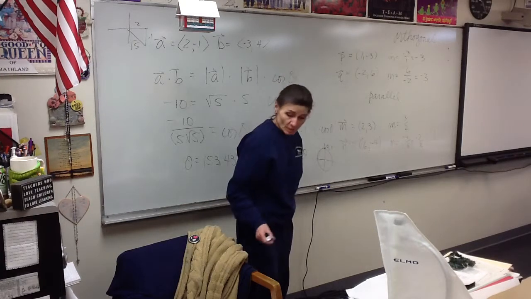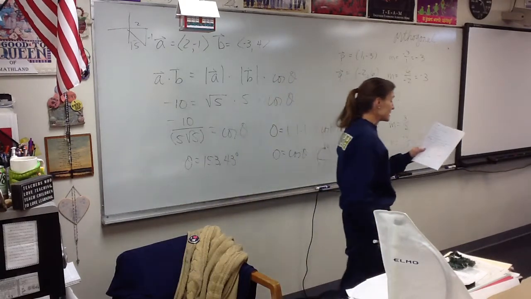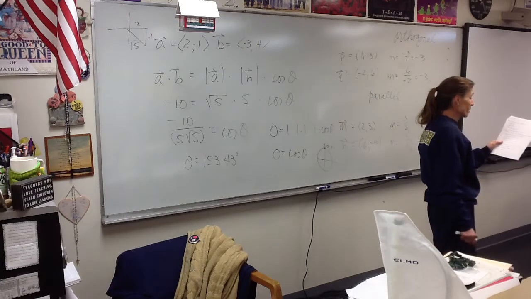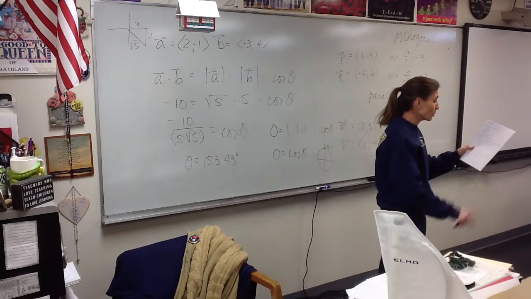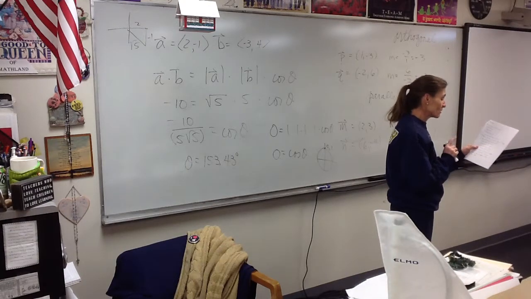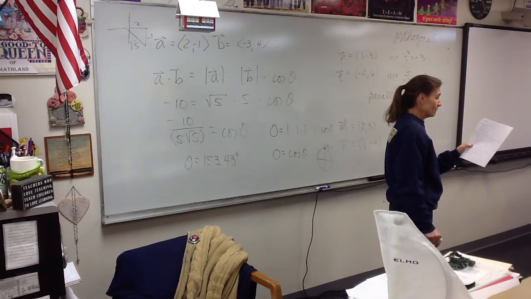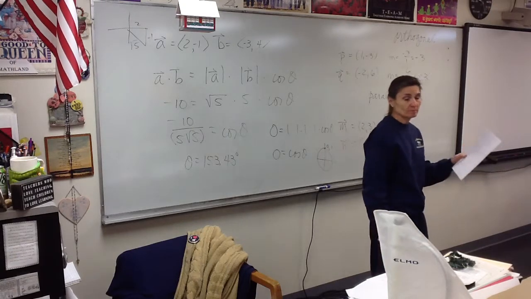Okay, so somebody look at 6C. Are these things parallel, perpendicular, or neither? Do a quick dot product in C, using vectors W and C. What do you get? They're perpendicular.